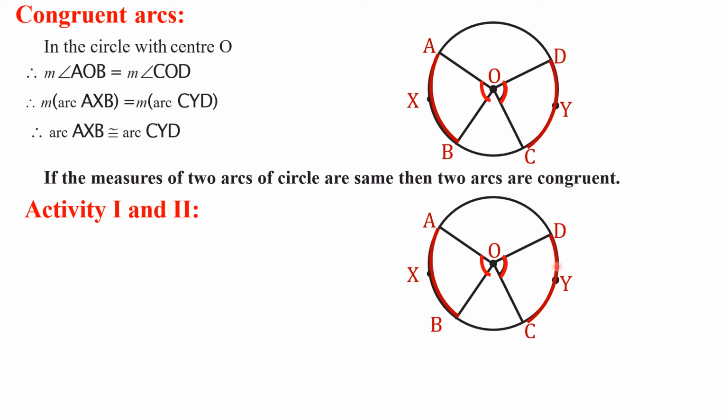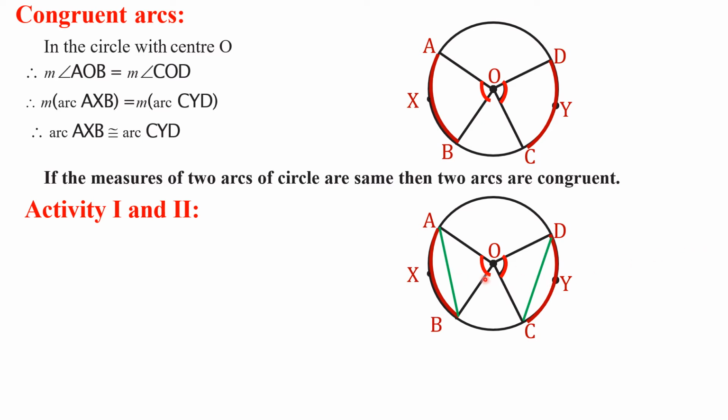When these two arcs are congruent, we draw chord AB and chord CD. Chord AB is formed by arc AXB and CD is formed by CYD. Therefore, these chords are congruent.